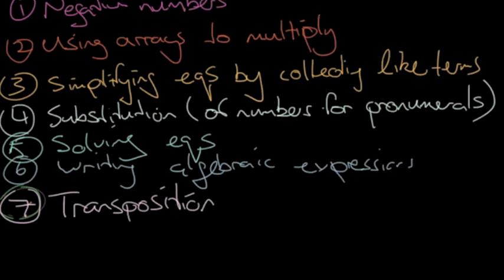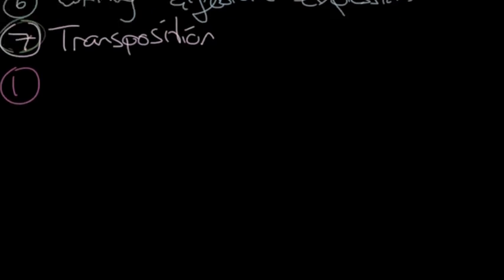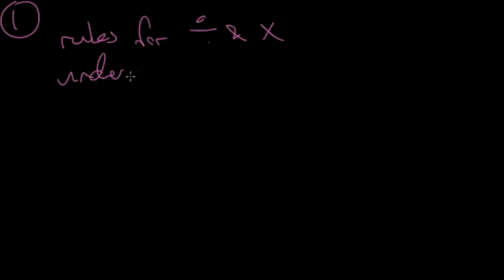So let's look at 1 first. Negative numbers. The key thing we want to be able to do is understand rules for division and multiplication and understanding addition and subtraction.